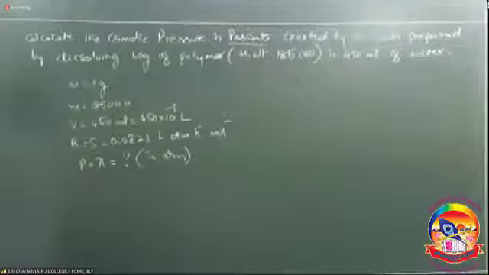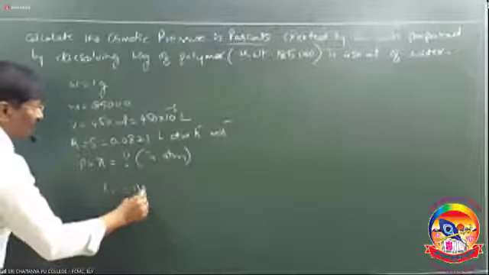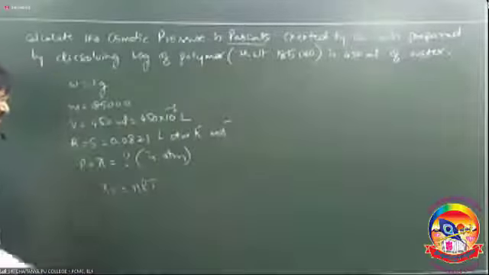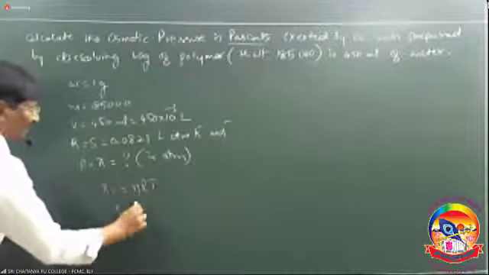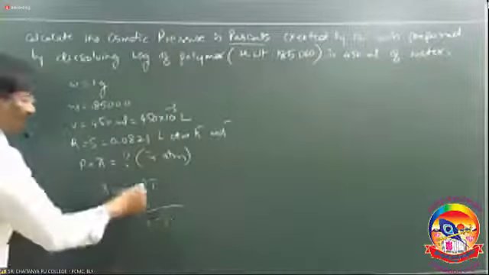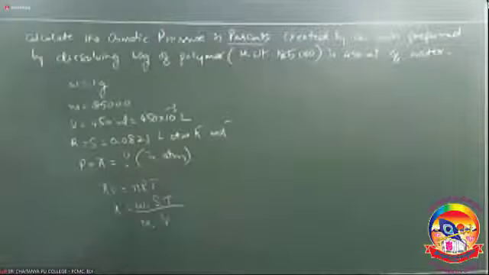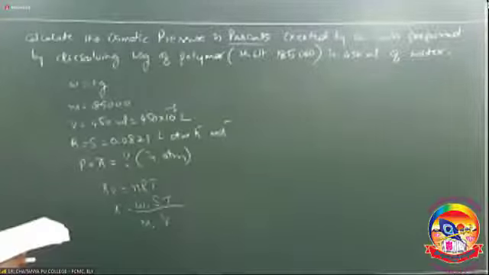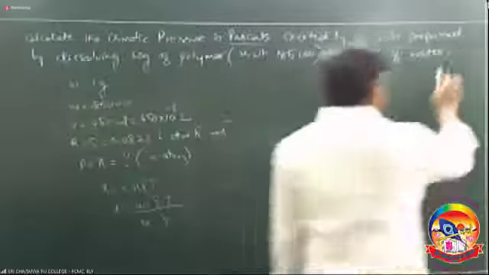So pi V is equal to nRT, therefore pi is equal to n, that is W by M, weight by molecular weight, over volume, times R times T. The temperature is given: at 37 degrees C, please remember.